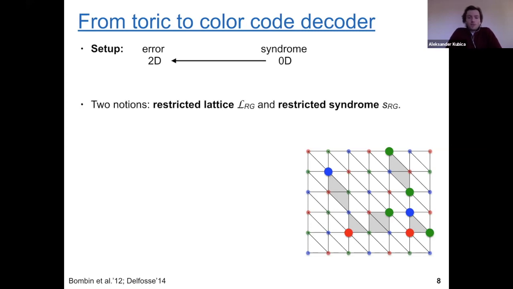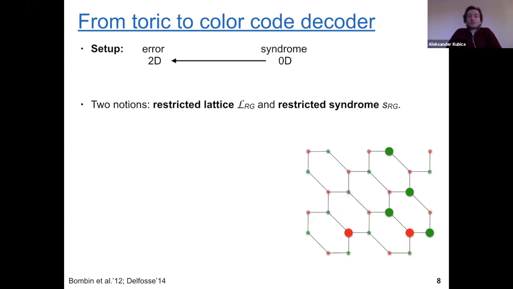So before we proceed, let me tell you what the restricted lattice and the restricted syndrome are. We define the restricted red-green lattice to be the lattice obtained from the initial one by keeping only red and green vertices and edges between them. And the restricted syndrome RG is the original syndrome restricted to the restricted lattice.